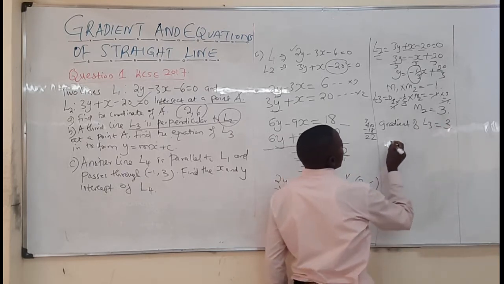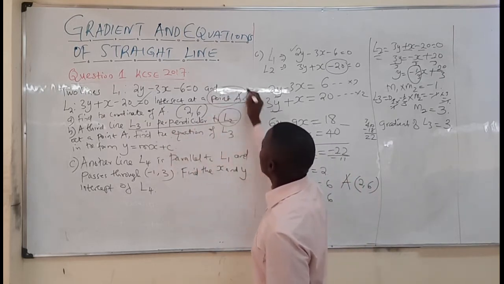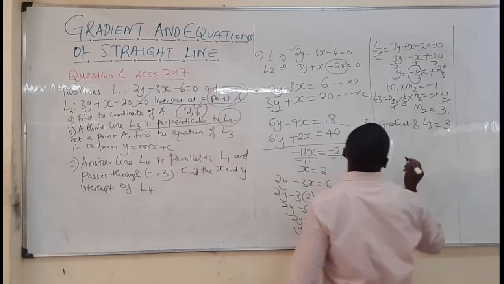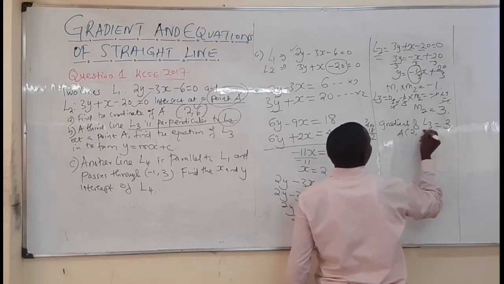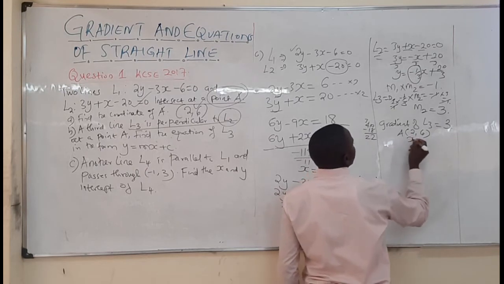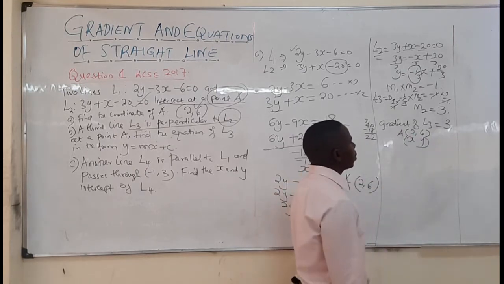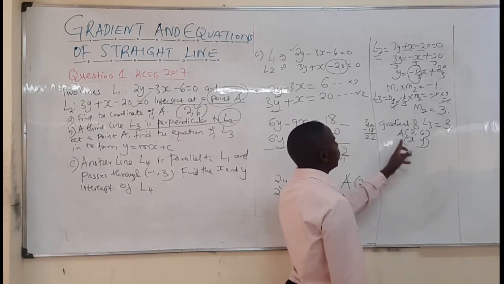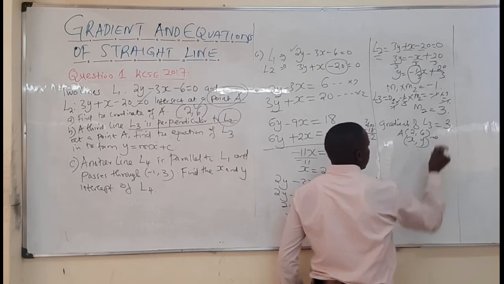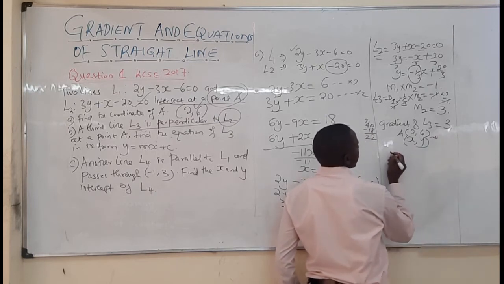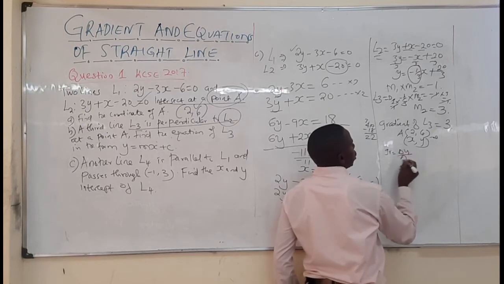Then we have been told that it is passing through the point A, and point A we have gotten as (2, 6). To get the equation of a line having the gradient and a point, you take a different point (x, y), and then you solve this using the gradient, which is given by change in y over change in x.